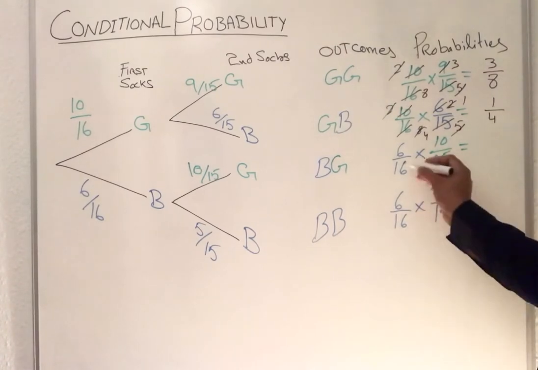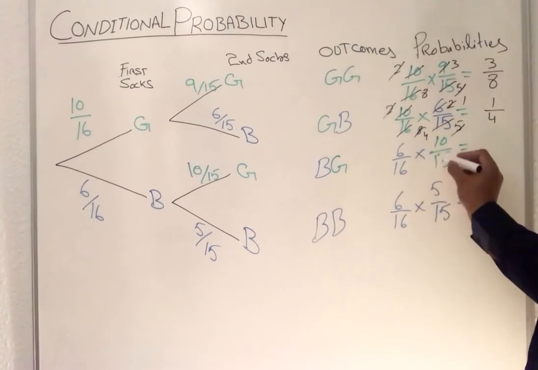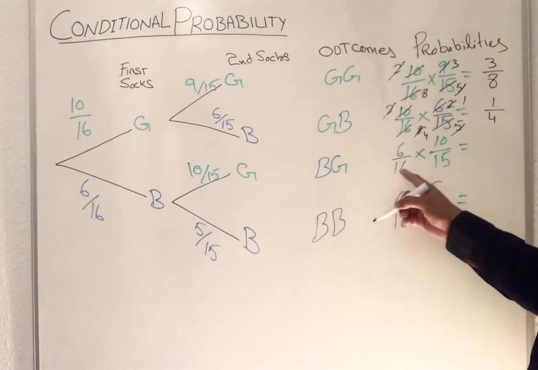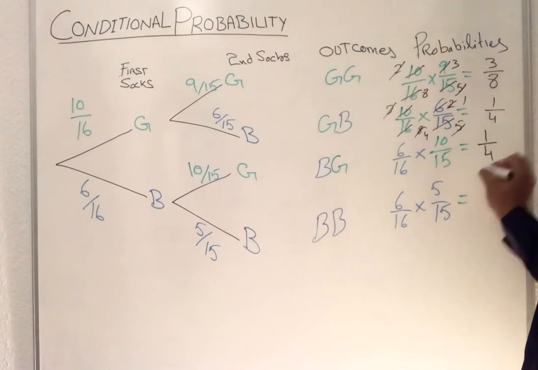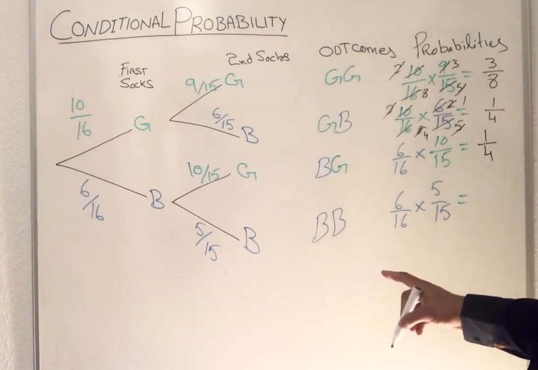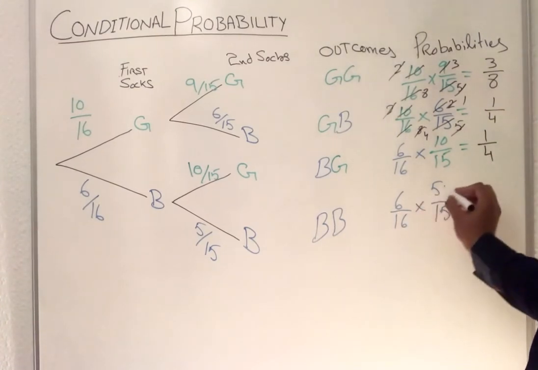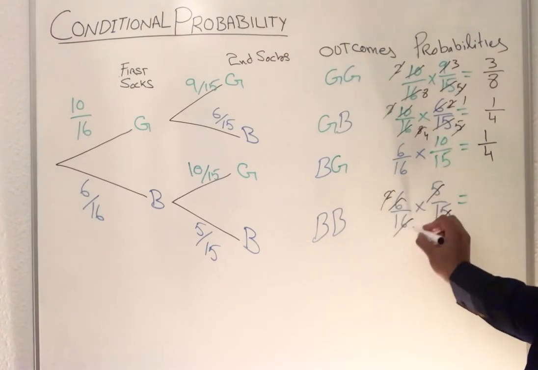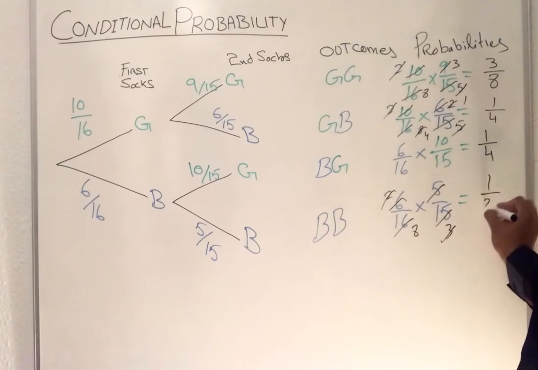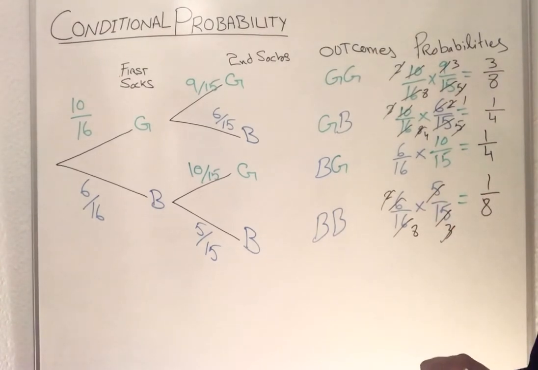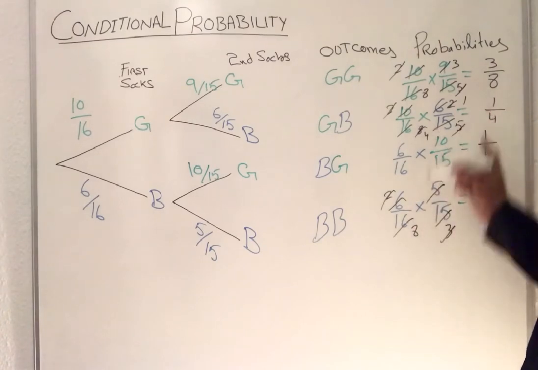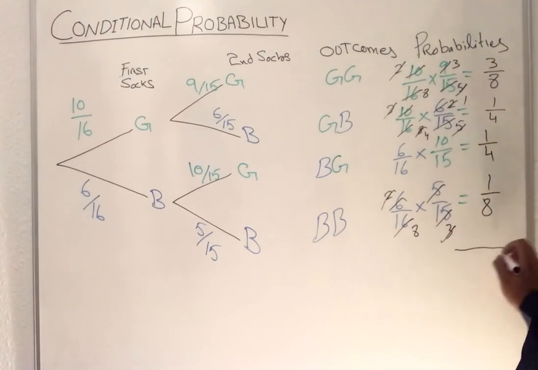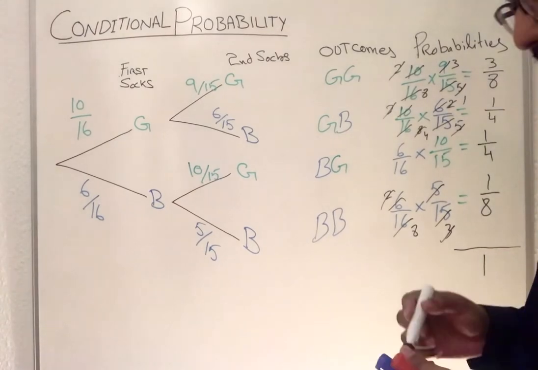This is the probability, just simplification, so we can cancel that one. So 6, 10, yeah, this is also 1 out of 4. In here 5, 3, 3 twos and 2's 8. So 1 out of 8. So these are our probabilities. If you add all the probabilities, we will get the value 1.